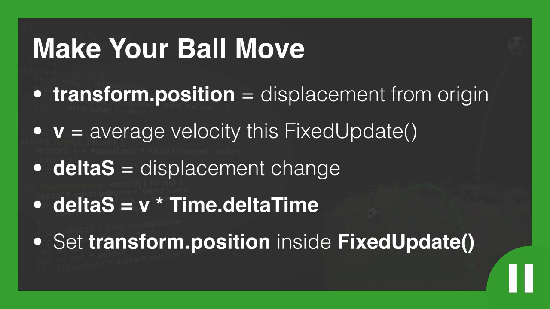We're also going to have something called delta s, which is the displacement change in this fixed update. And then, of course, distance is speed times time, so change in displacement is the v vector times the time.deltaTime.